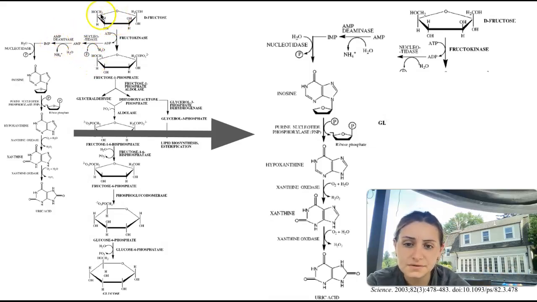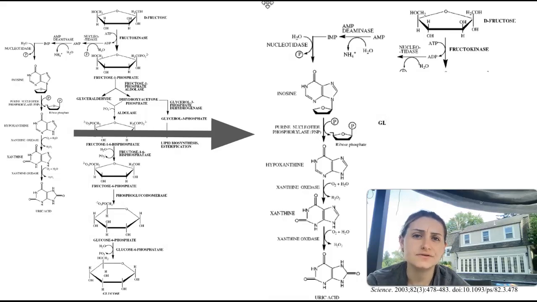So we can see that right here. This is fructose kinase. It gets turned into inosine, and this is the purine synthesis pathway. So if we have an increase in fructose, there's just more availability to feed the purine synthesis pathway. Here, I zoomed in on it.